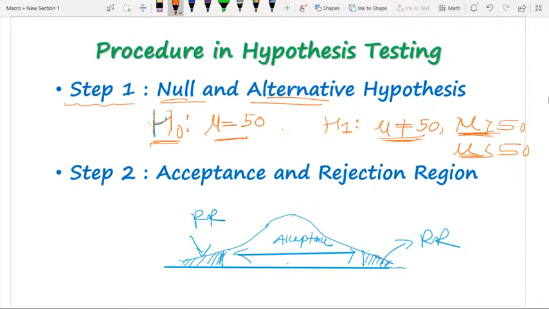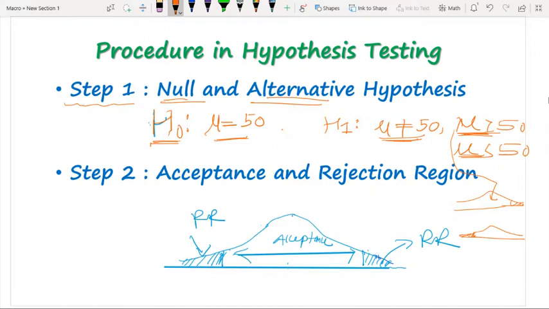Whereas in a one-tailed hypothesis, we reject only when the mean value is far above, so this is in this case the right-tailed alternative hypothesis, or when the mean value is far below.